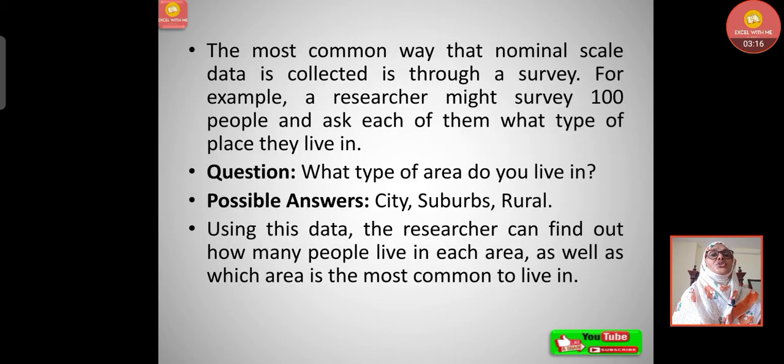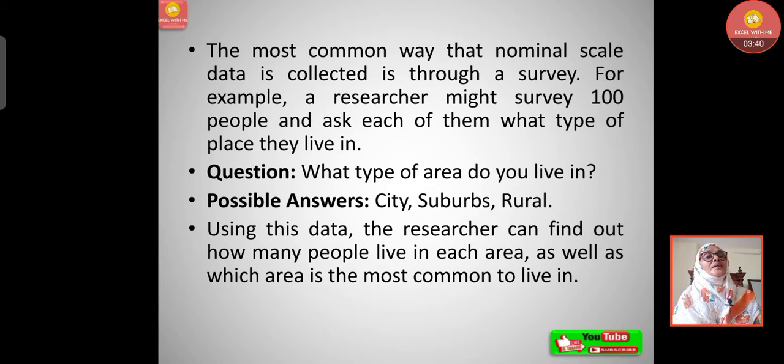Now the most common way that nominal scale data is collected is through a survey. For example, a researcher might survey 100 people and ask each of them what type of place they live in. For example, what could be the question? What type of area do you live in? Possible answer could be city, suburbs or rural.